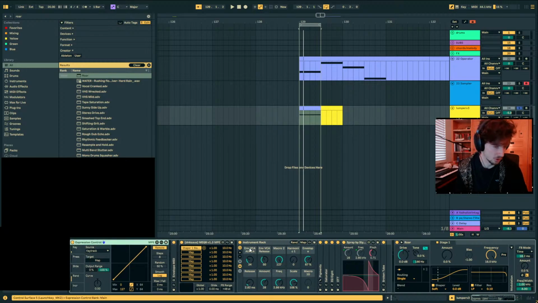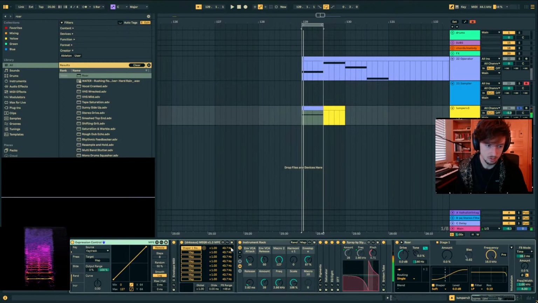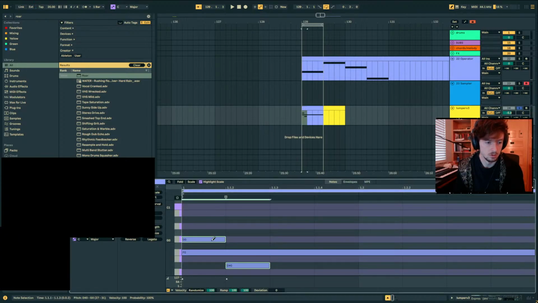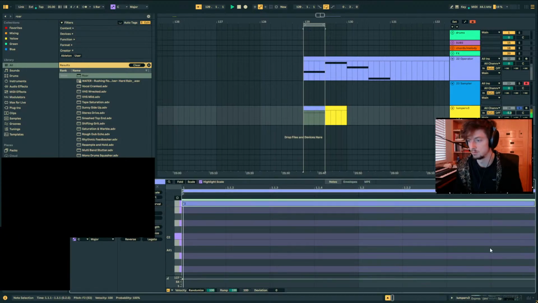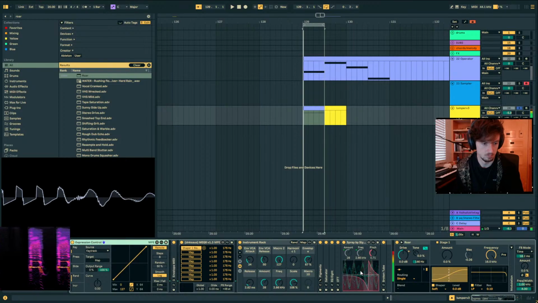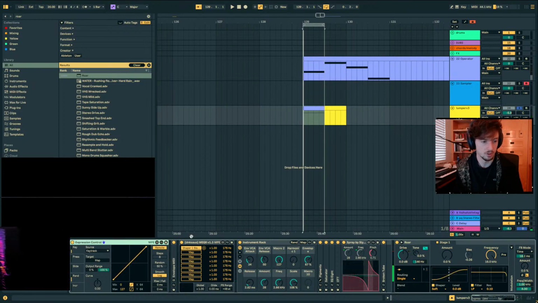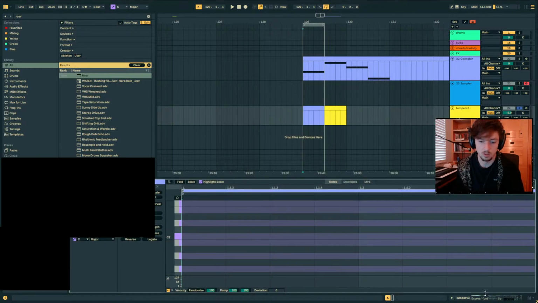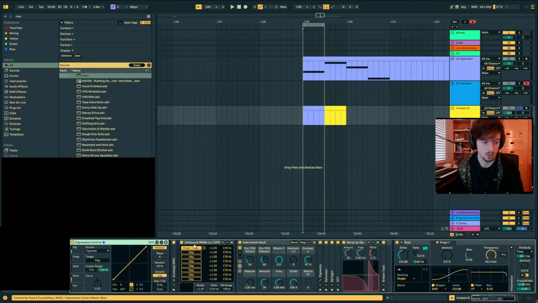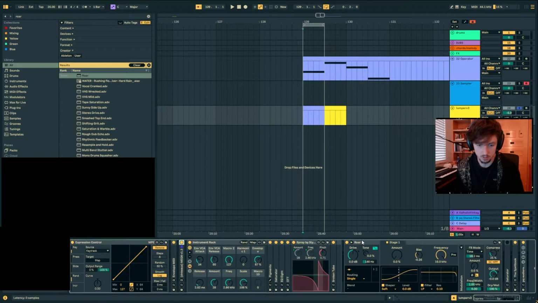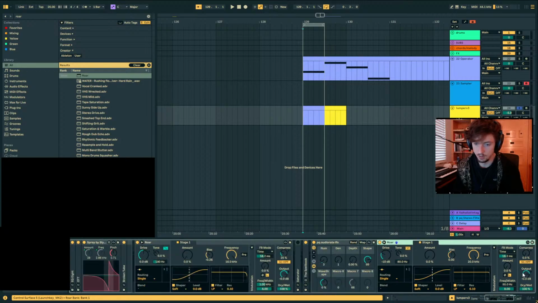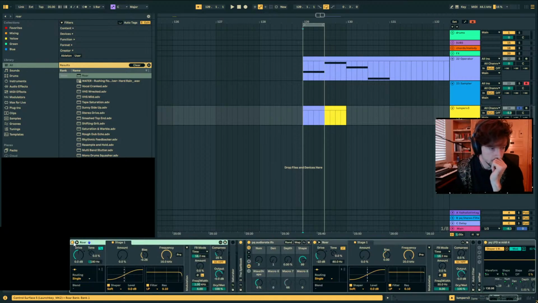Is it just like an expression control? Yeah, it looks like it's just a giant expression control, and I can map it to different stuff. I mean, that might be useful, or easier than using a direct expression control, but I don't really understand what this does. Okay, let's go back to here.